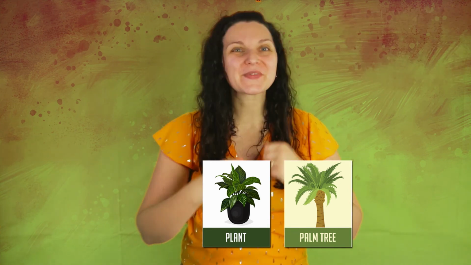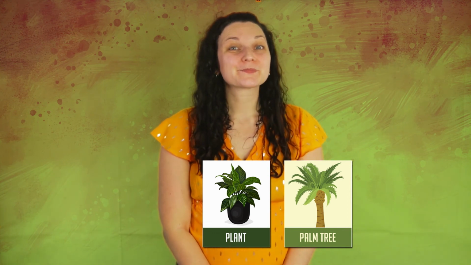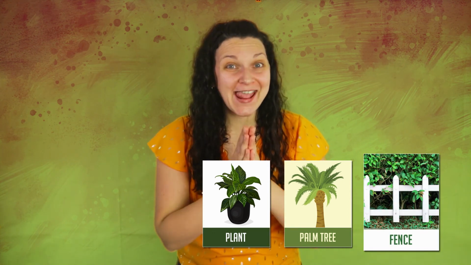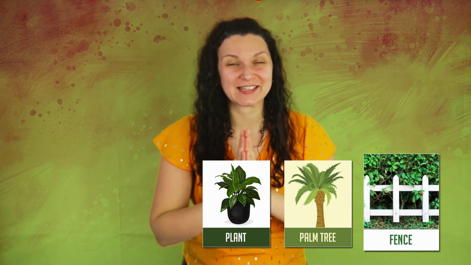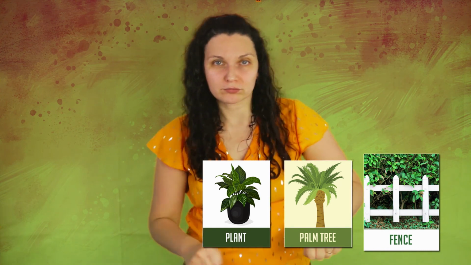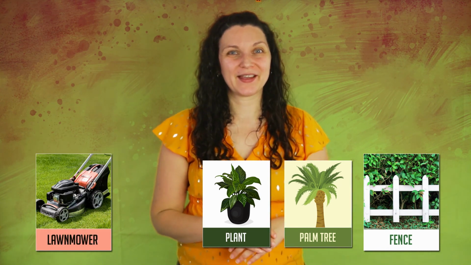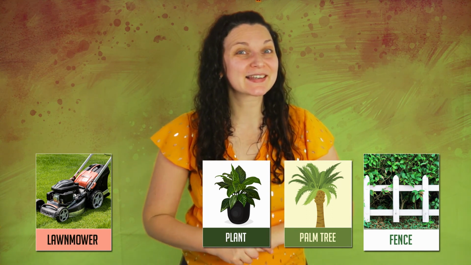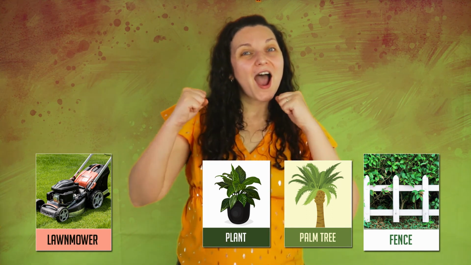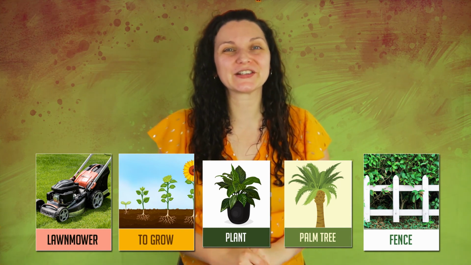Okay. Go ahead. Which ones? The fence. Very good. Also missing, the lawnmower. And also missing, to grow. Very good, you guys.